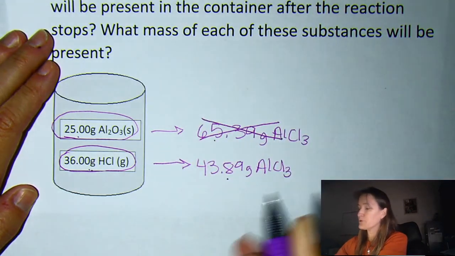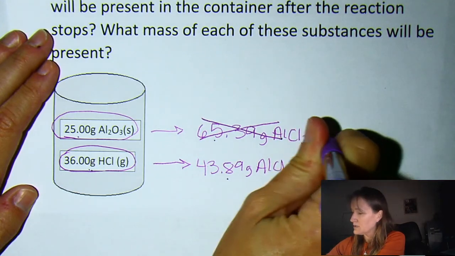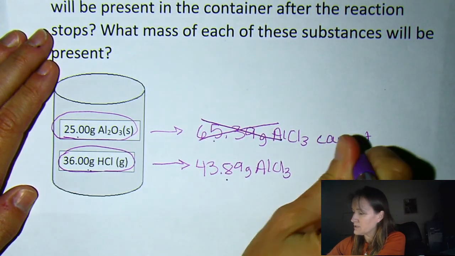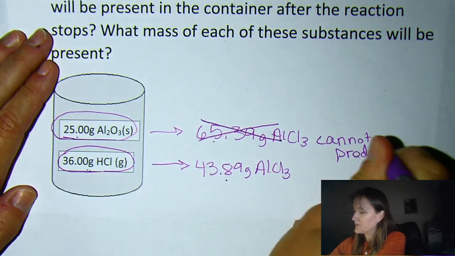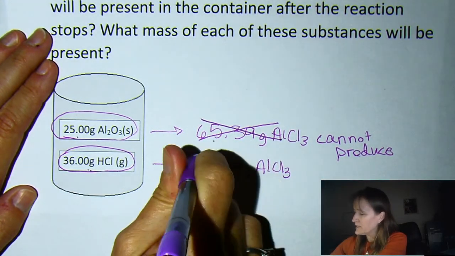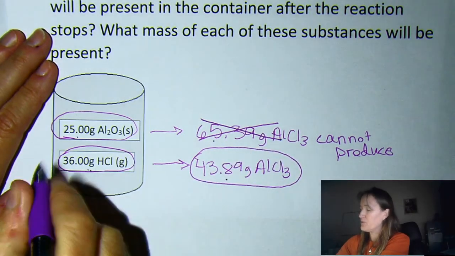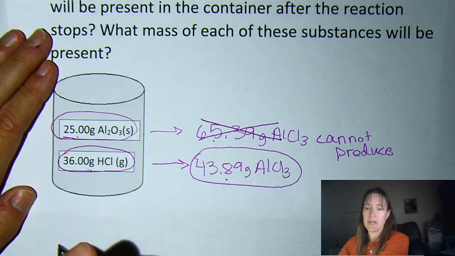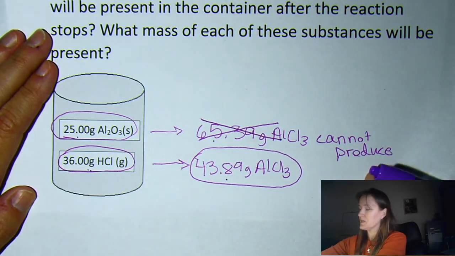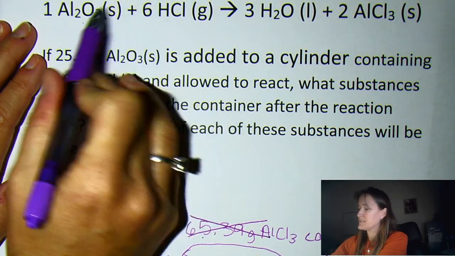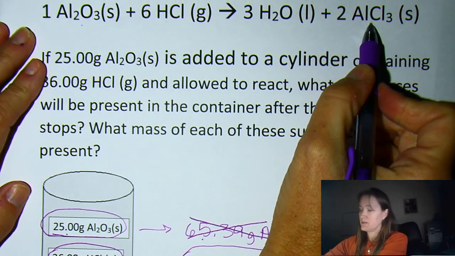So you can't produce this much. Because once you get to 43.89 grams, you have used all of the HCl. And so both of these need to be present to create this product.